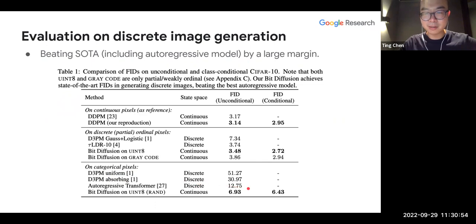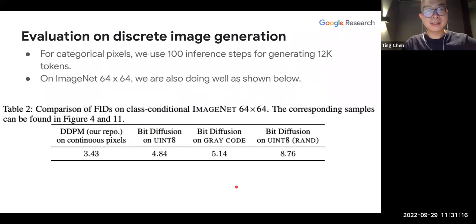The state of the art is 12 in terms of FID, and smaller is better. This is held by an autoregressive transformer trained by OpenAI. And what we did here is this one, Bit Diffusion, and we basically almost halve their FID numbers. So I would say this is an improvement by a large margin.